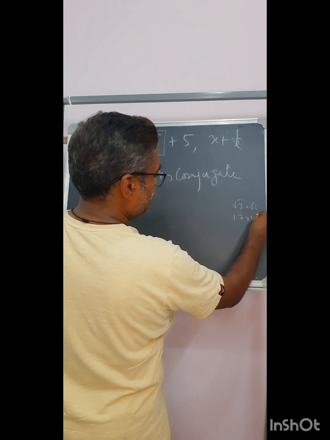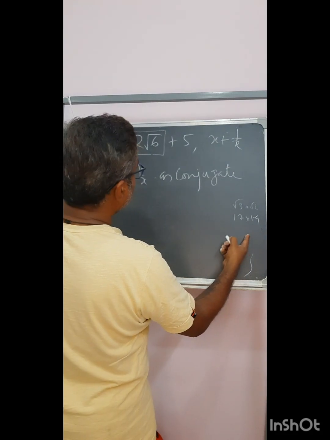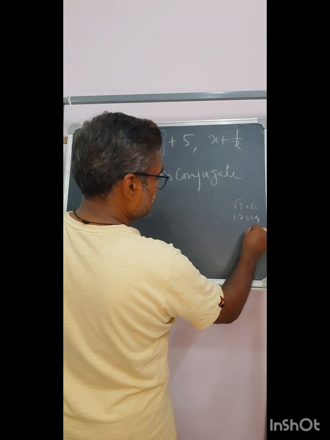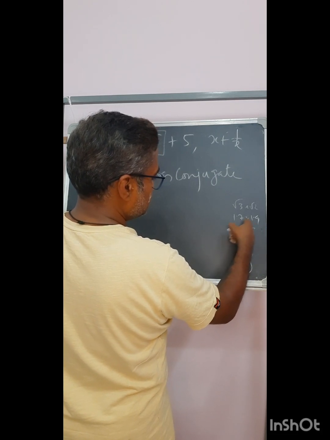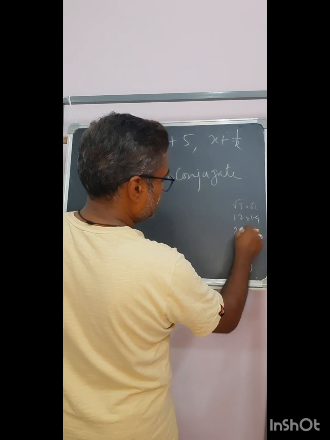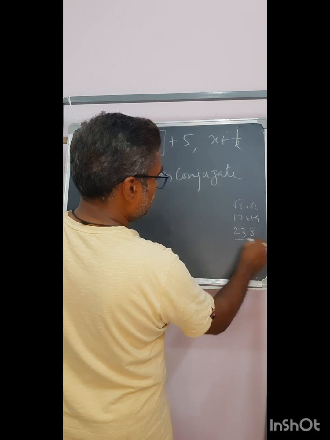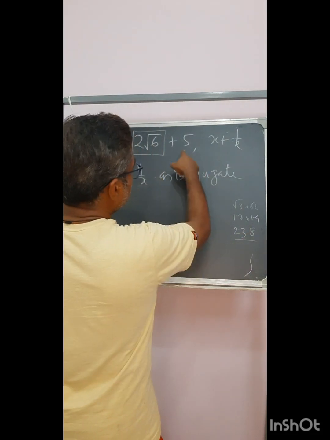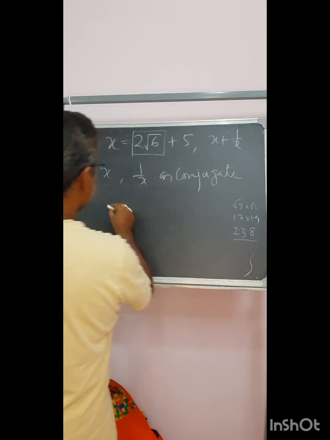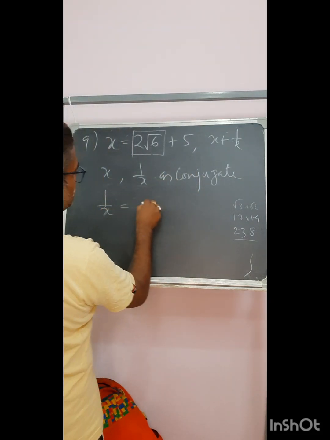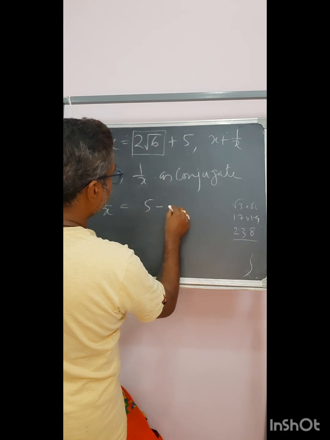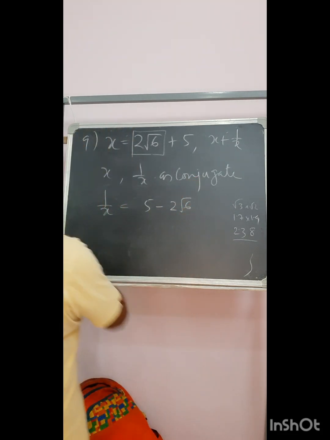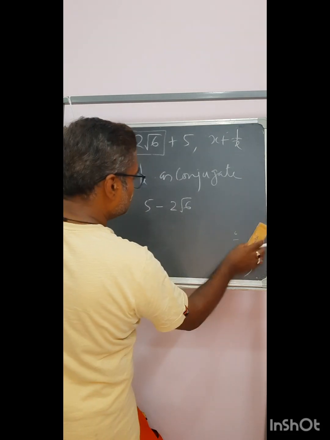It is around how much? 2.4, and if I multiply it with 2, this means this is less than 5. So 1 by x, if I take, that value will come 5 minus 2 root 6 straightaway. This is a conjugate number. You need not show the calculation.